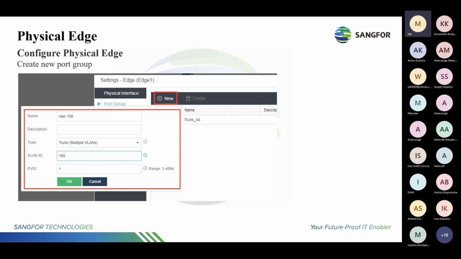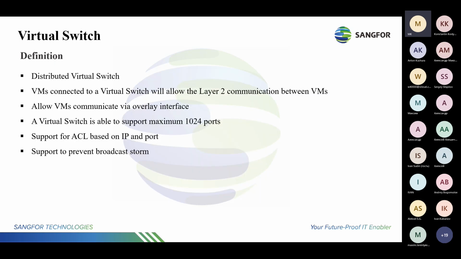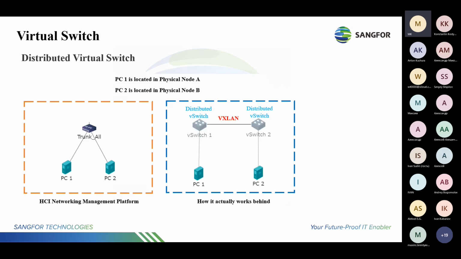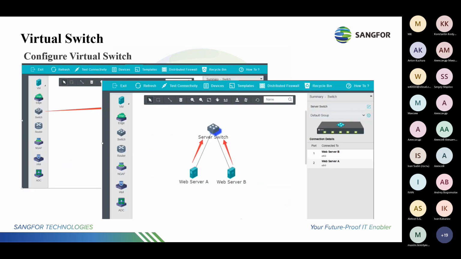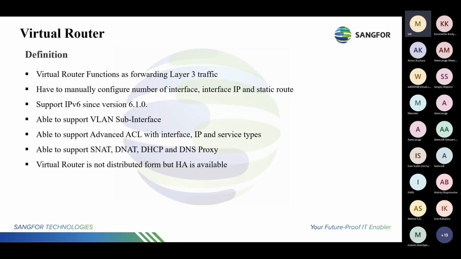VLAN is one of the common approaches where you can have multiple networks on a single physical interface. And then this is the router. The router provides all this functionality, except VPN.